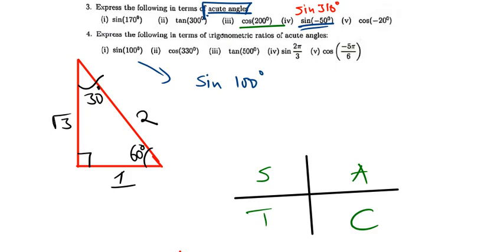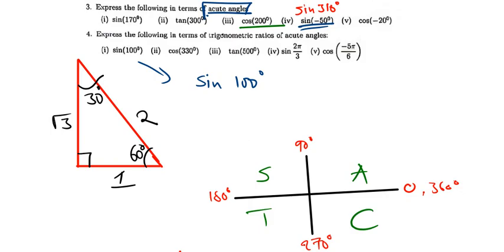Where is 100? Remember it is 0, 90, 180 or pi, and then this is 270, 360. So when you're talking about 100, where is it? Is it in the first, second?